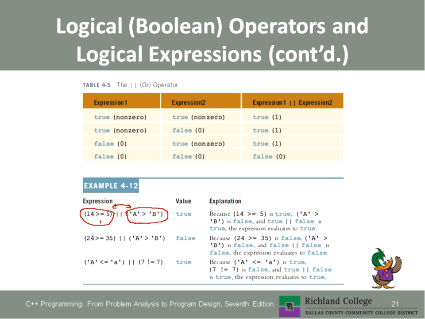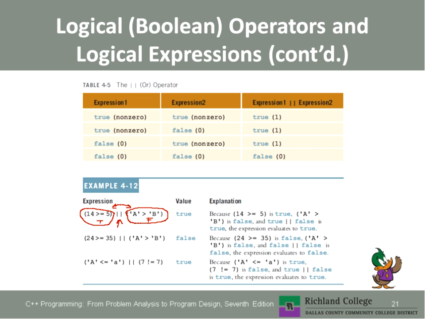So is 14 greater than or equal to 5? Well, that is true. Is A greater than B? What does that mean? A comes after B in the alphabet? No. A comes before B in the alphabet, so this is false.